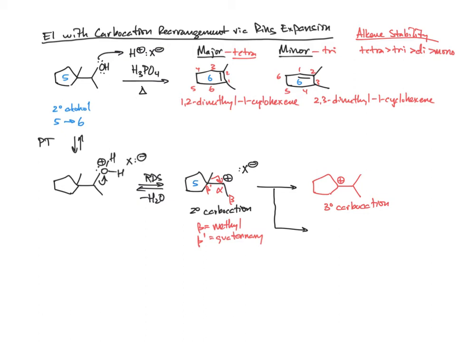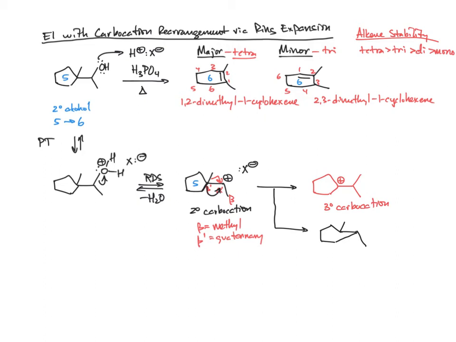Again, we said this is a 5-membered ring. One of the ring bonds is actually going to move over. So that will migrate. So I'll draw it without too much distortion, then I'll redraw it. So this bond is the one that migrates over.